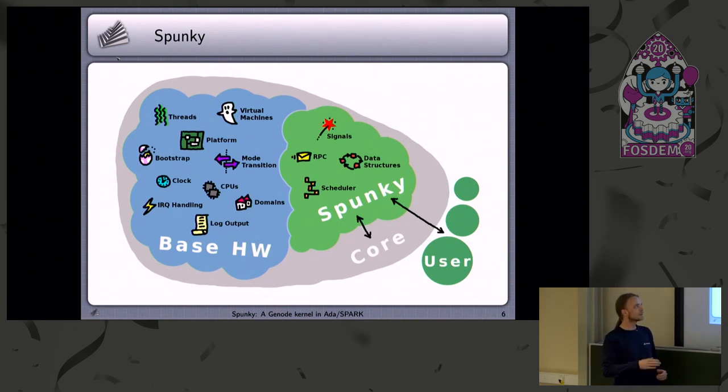And the third thing that I started this winter was the scheduler. And yeah, it was essentially the same. The scheduler is pretty complex compared to the other modules in the base HW kernel because it is the only kernel that applies the quota-based CPU scheduling system that Genode has. So you can trade CPU time between components. And this makes it a little bit hard.